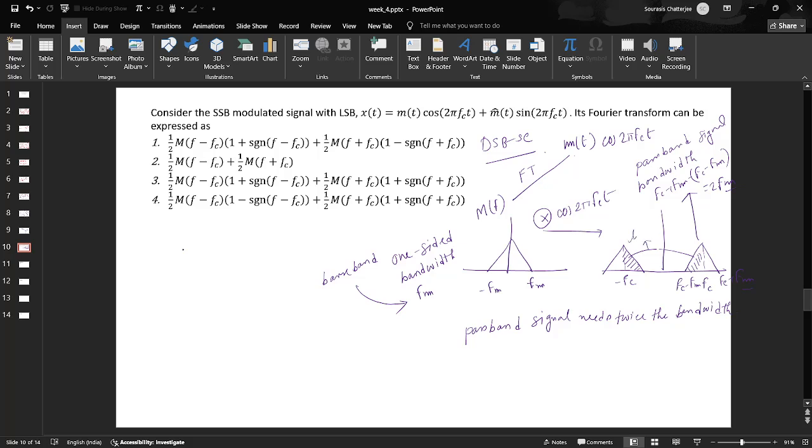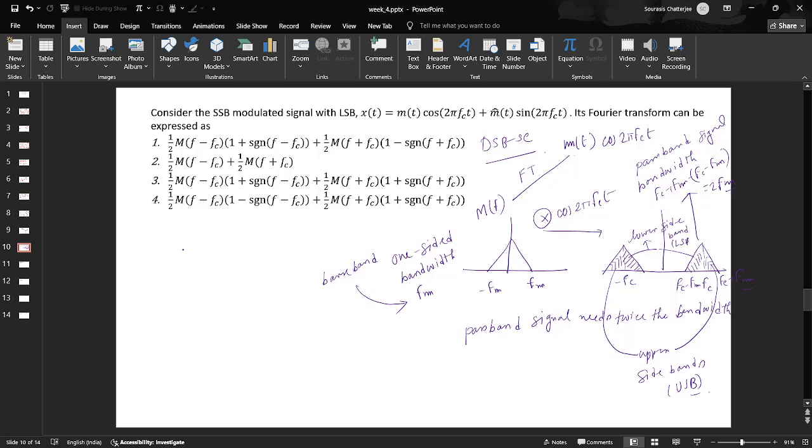And these two here are the upper sidebands, or USB.